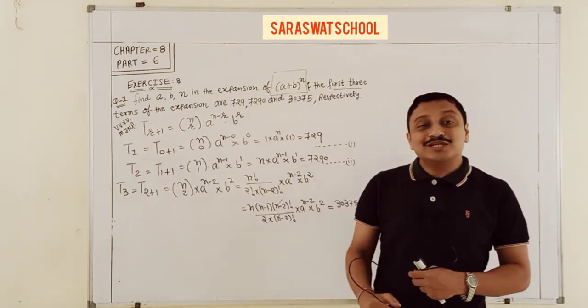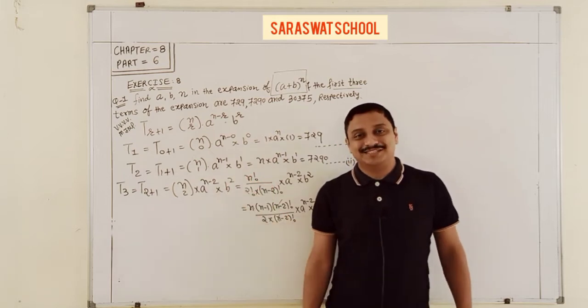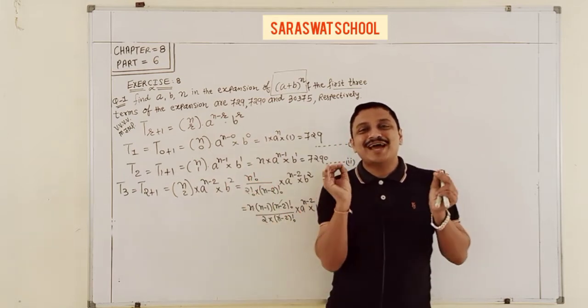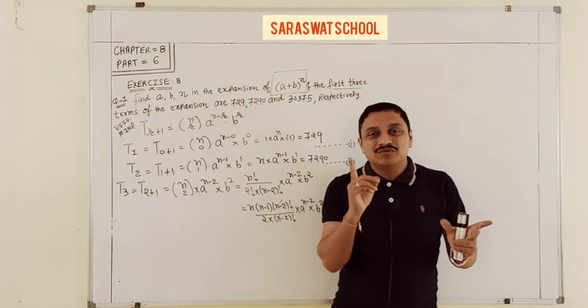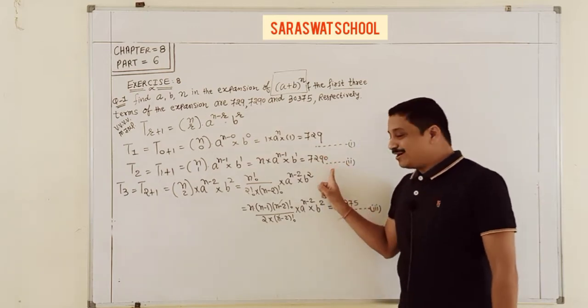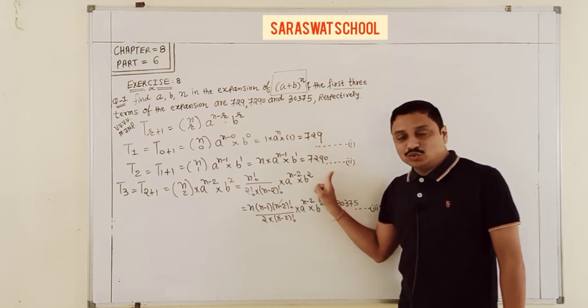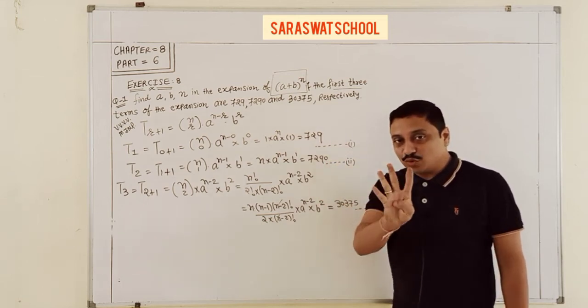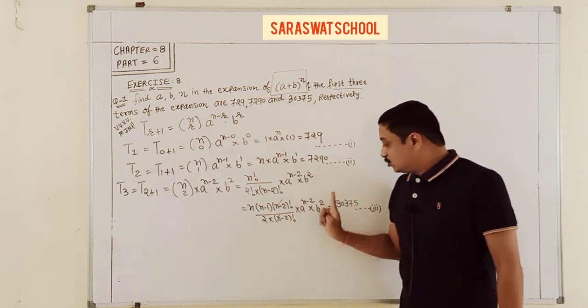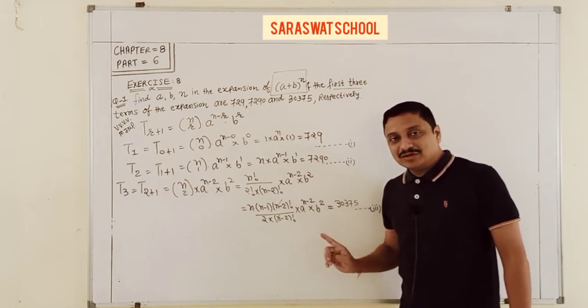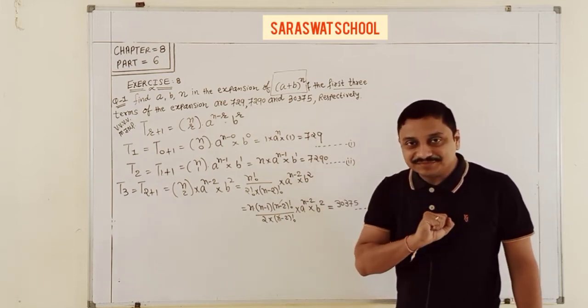Now three equations I easily derive. How can I calculate these equations? The process is very easy. First, equation 1 divided by equation 2, you get equation number 4. Then equation 2 divided by equation 3, you get equation number 5.